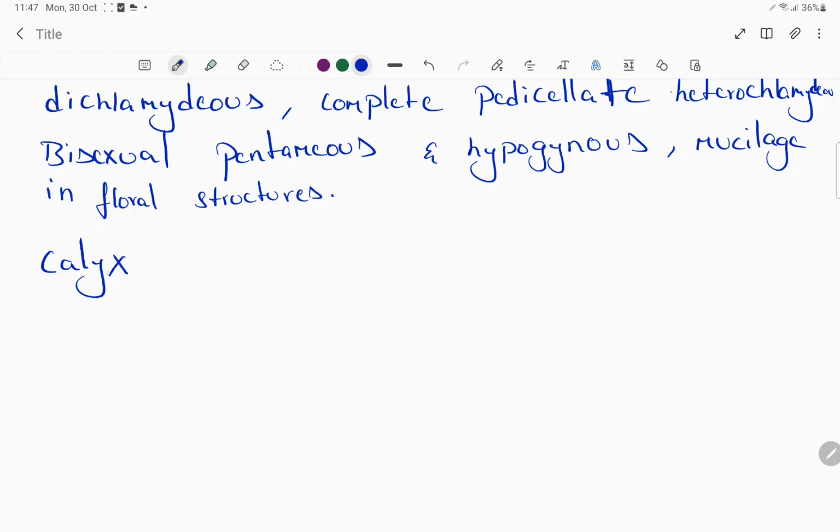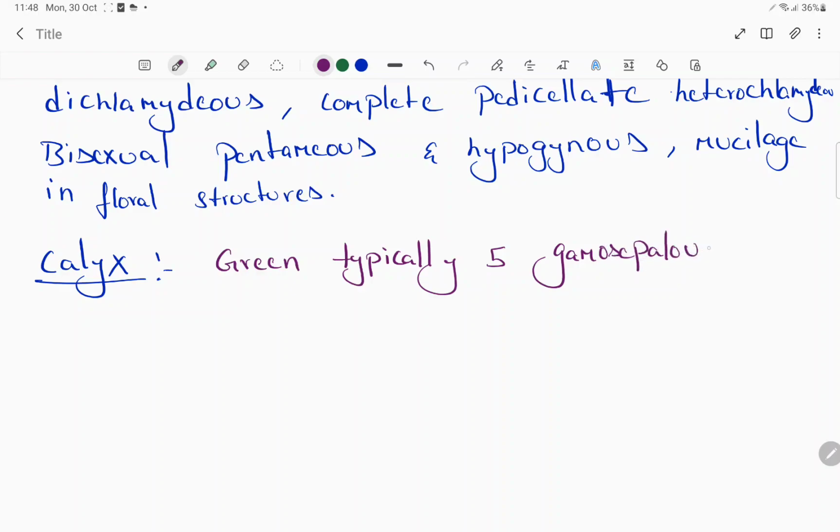Calyx: green. Typically we have 5, gamosepalous, which means all are united. Valvate aestivation.